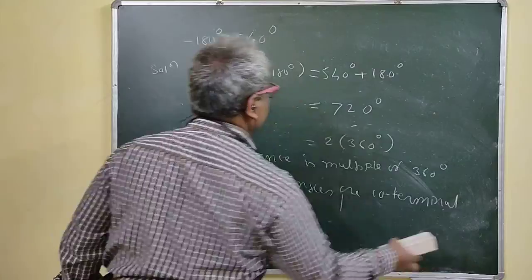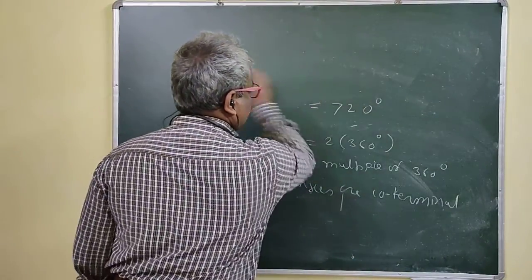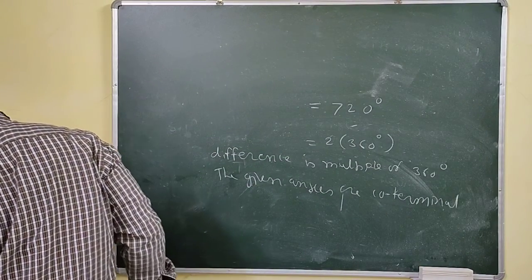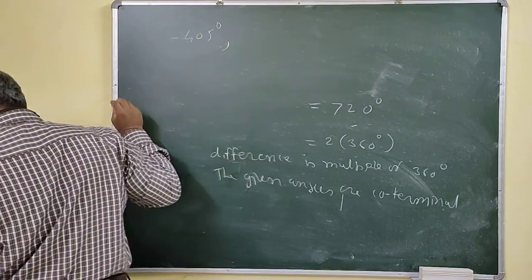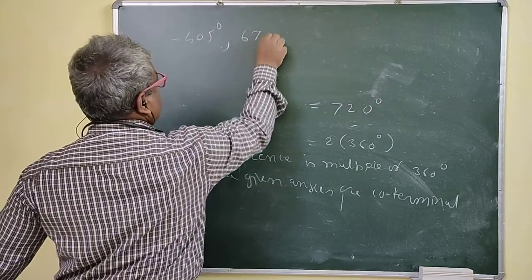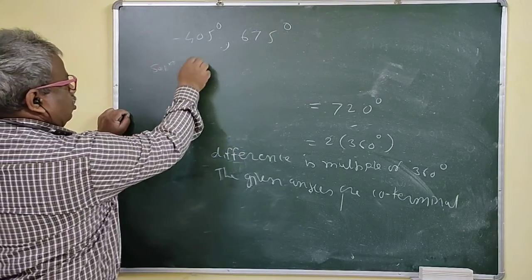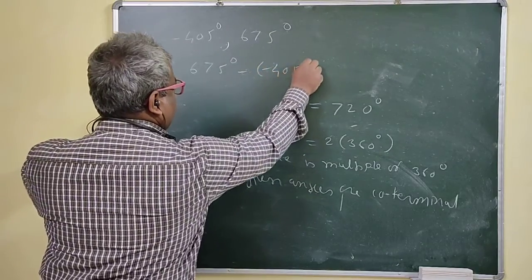Okay. Take the next one. Minus 405 degree, 675 degree. Okay, so solution, 675 degree minus minus 405 degree.